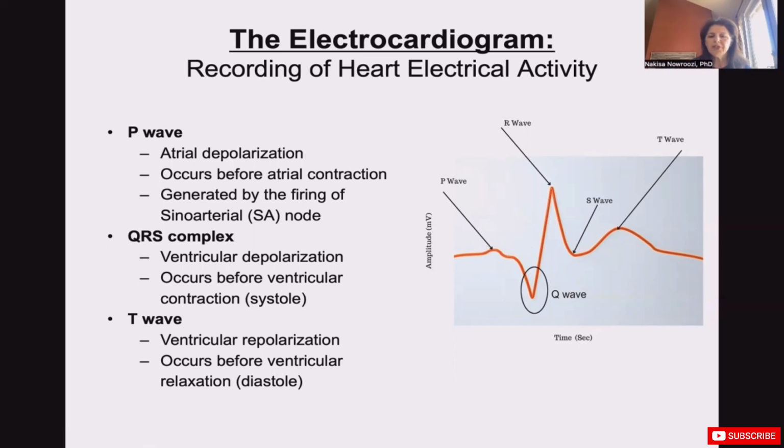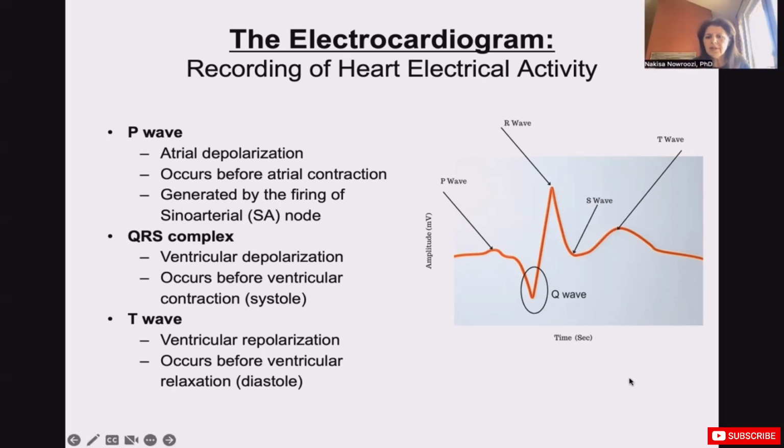Then you have the QRS complex, which corresponds to ventricular depolarization, which occurs before ventricular contraction. Ventricular contraction is called systole and occurs somewhere here. So we're looking at the electrical activity, and what follows is the contraction or relaxation of the muscle.